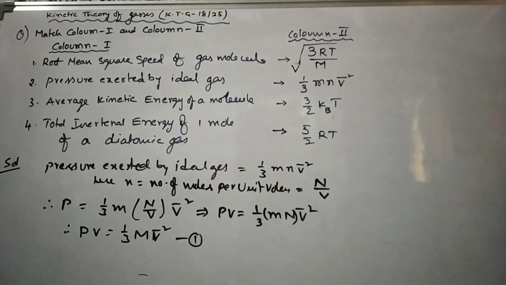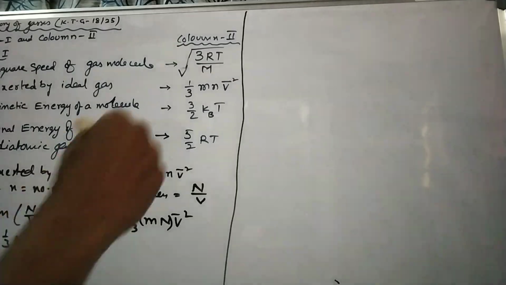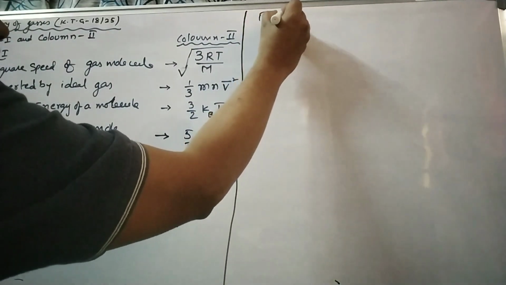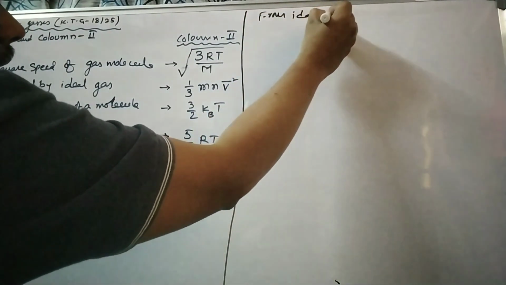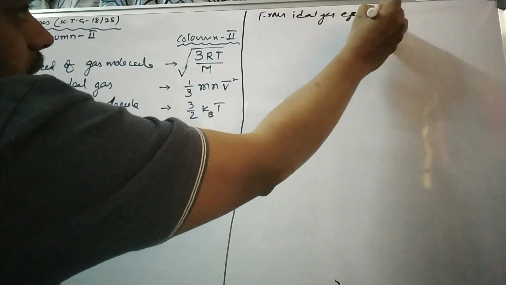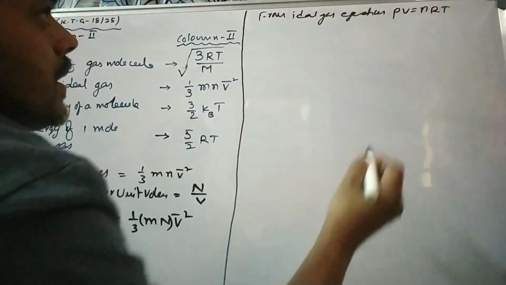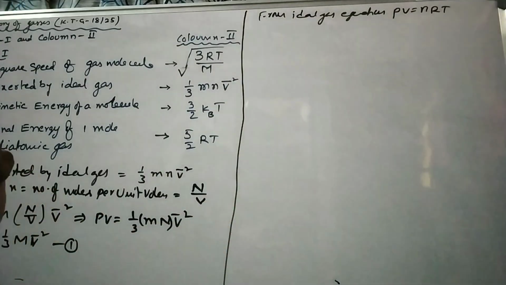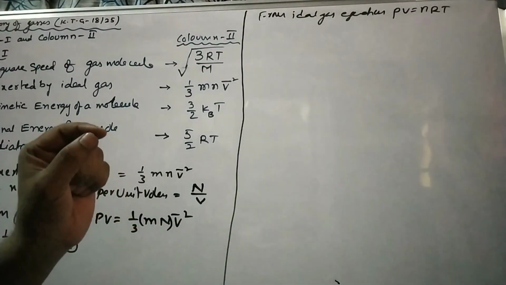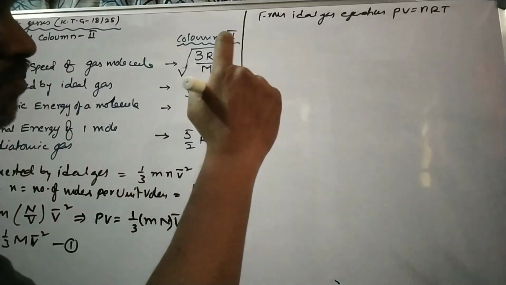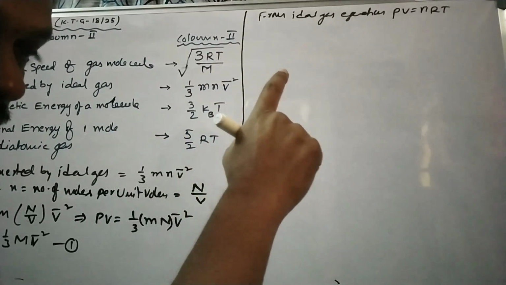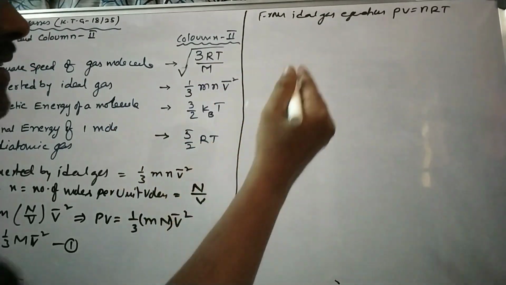Next, from the ideal gas equation, PV is equal to nRT. Here n is the number of moles present in the given mass of gas, so it may be written as total mass of the given gas by molecular weight.